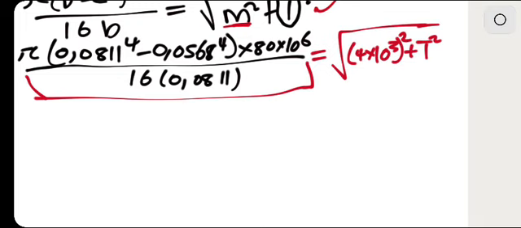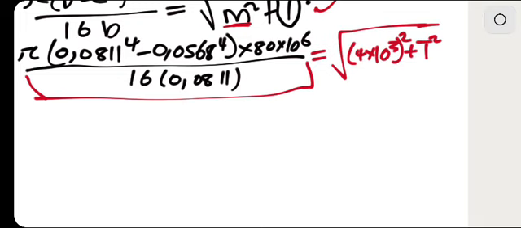I'll take my calculator. Pi times 0.0811 raised to the power of 4 minus 0.0568 raised to the power of 4, multiplied by 80 times 10 to the power of 6. Divide this by 16 times 0.0811.